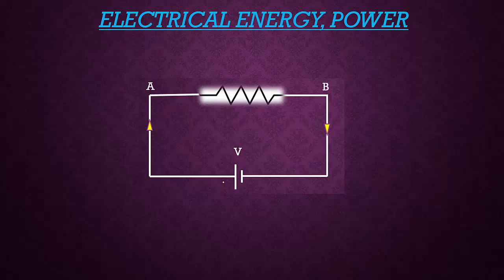This source gives energy to the charges so that they start to flow with a certain drift velocity, and that produces electric current. So electrical energy is given by the source, which may be a cell, a battery or a dynamo. Electrical energy means the work done by the source to maintain a current in the given electrical circuit.